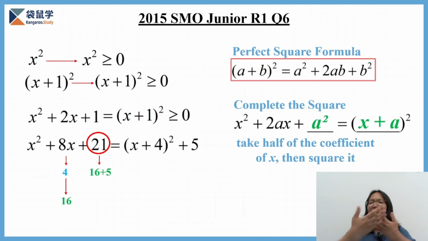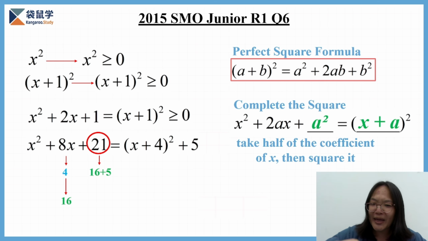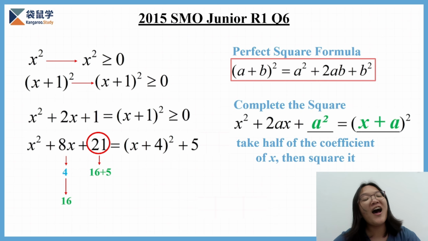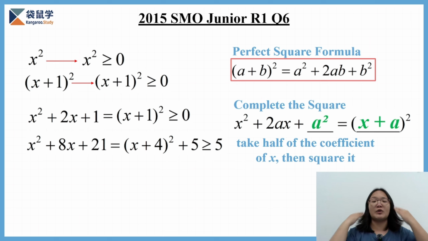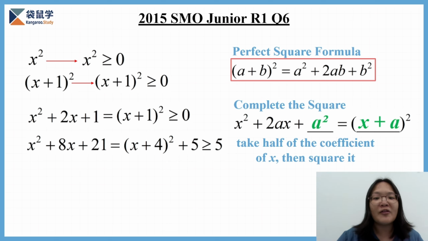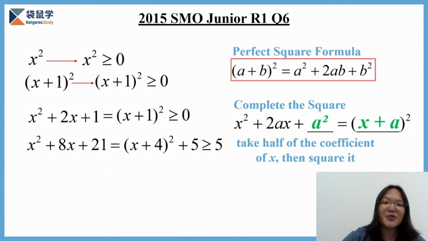So tell me, for this expression, what is the minimum value? Is it still 0? Here we have this extra 5. So the new minimum value should be 5, exactly. So here we see, by using the skill of completing the square, we can always find the minimum value easily.